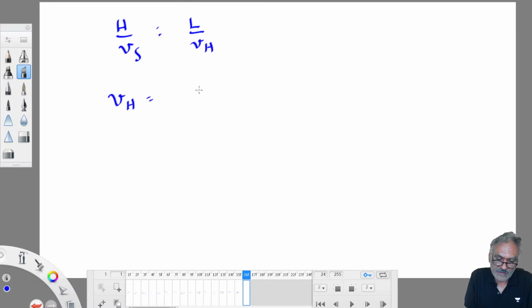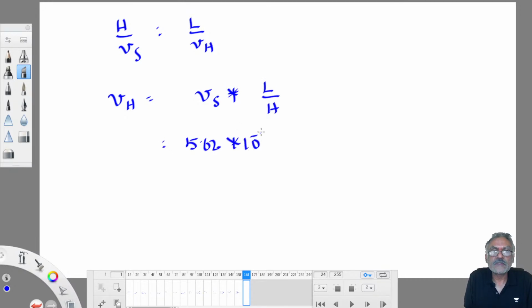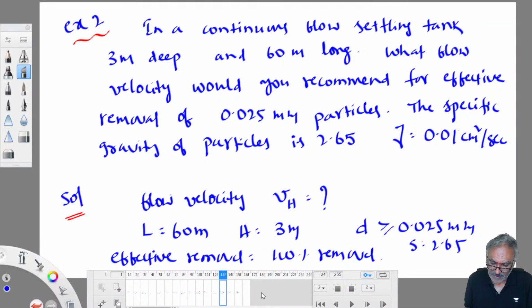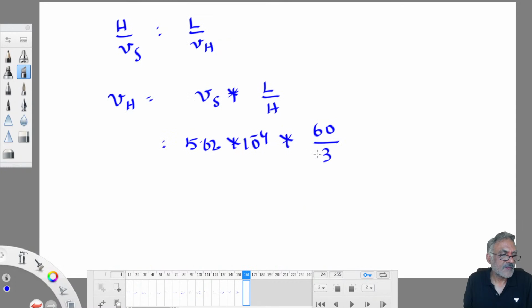Therefore Vh is equal to Vs into L by H. So Vs I got as 5.62 into 10 power minus 4 meters per second, into length 60 meters given in the question, depth is 3 meters. So now work out what is this value?